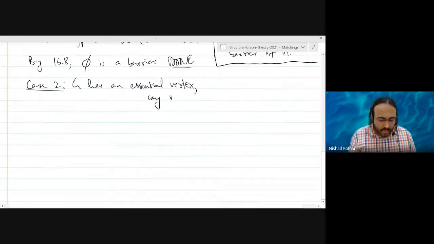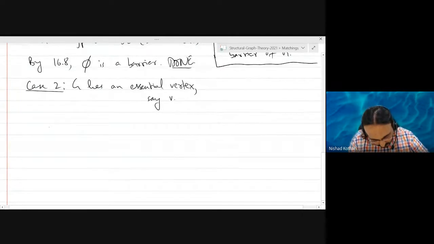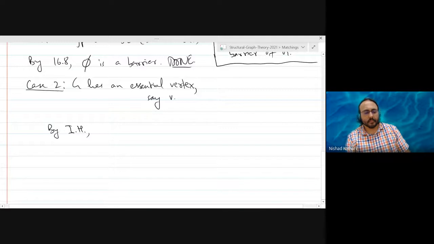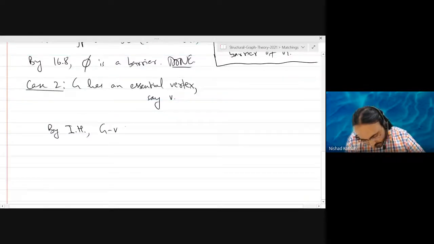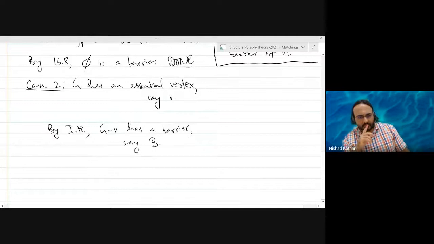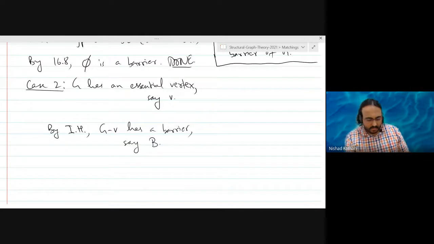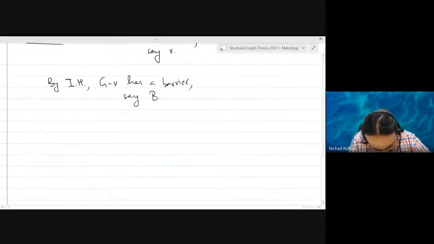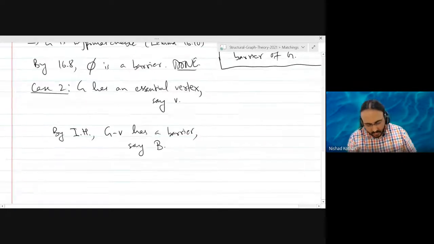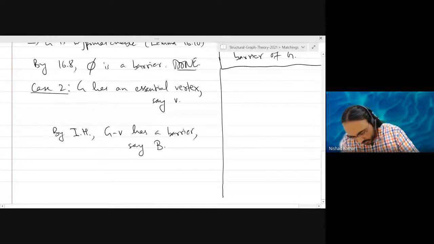Well, by the induction hypothesis, the graph G minus V has a barrier, say B. So our claim, well, basically we'll prove a lemma. It's exactly the setting that we have here. It's lemma 16.9.